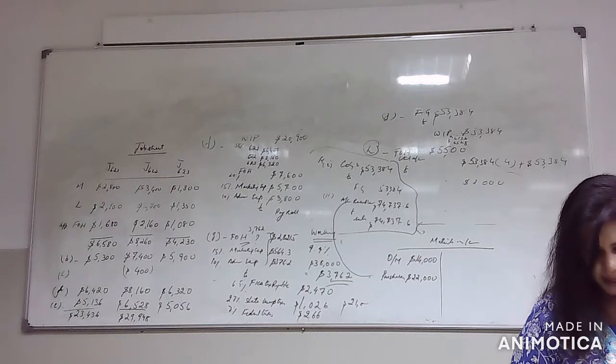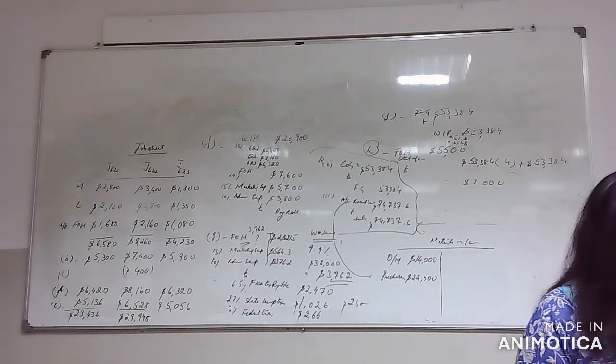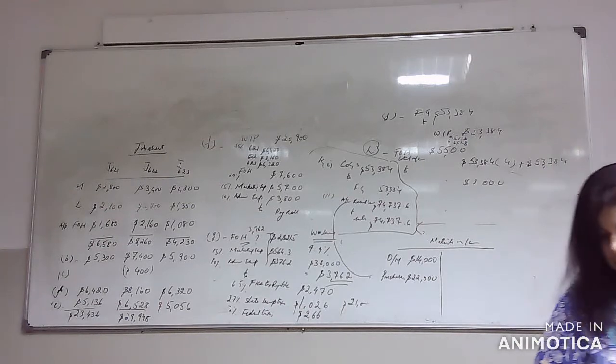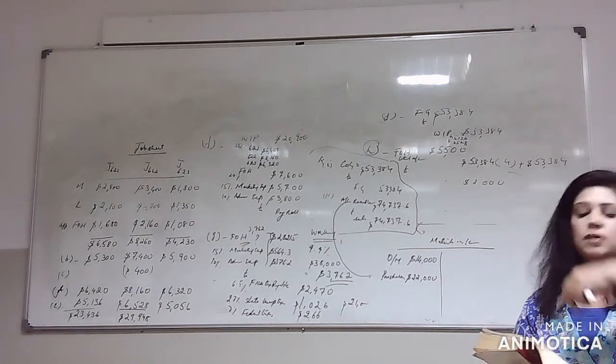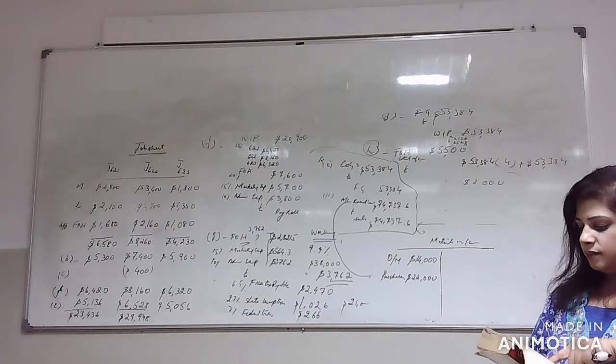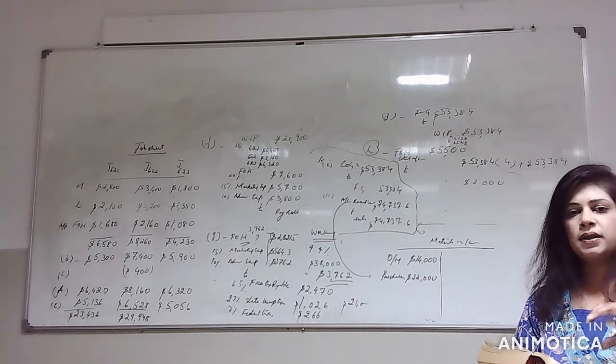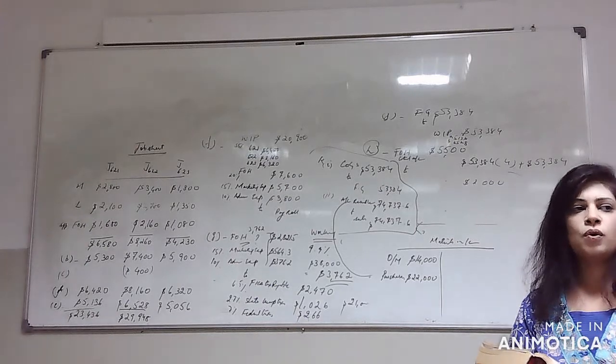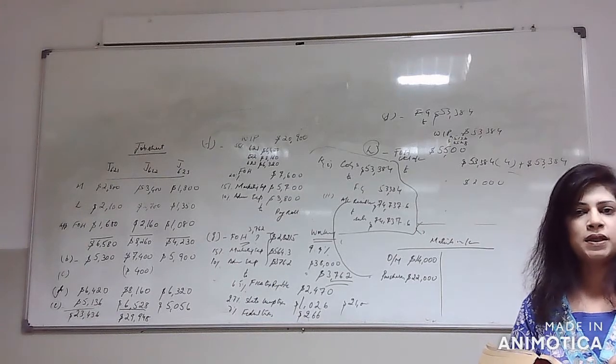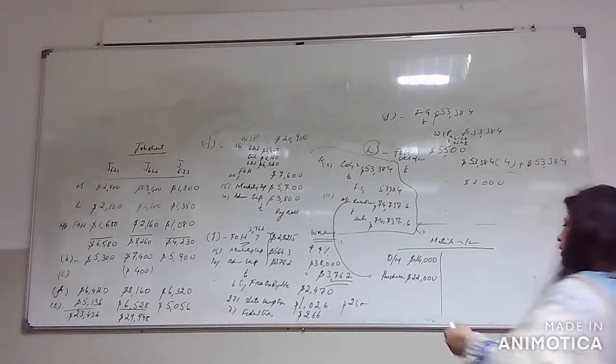Okay, so when something is returned to the storeroom from the factory, it automatically means that when we were putting it into production, this material was requisitioned from the storeroom and we credited the materials account. Now we're going to add back the materials.